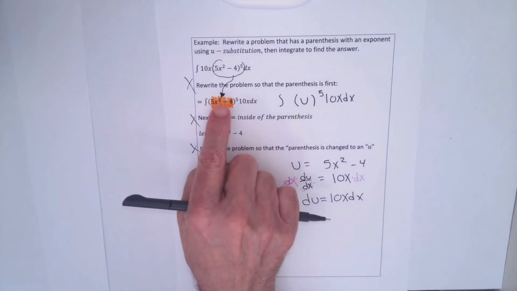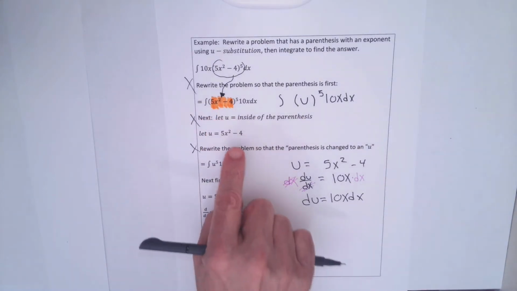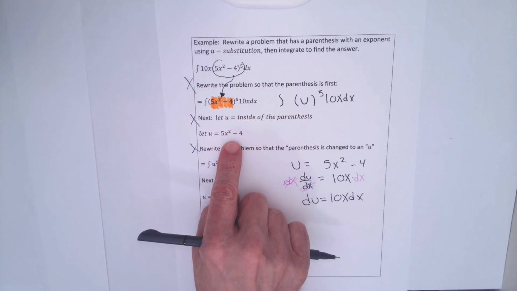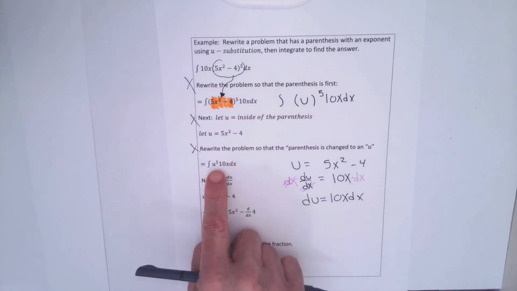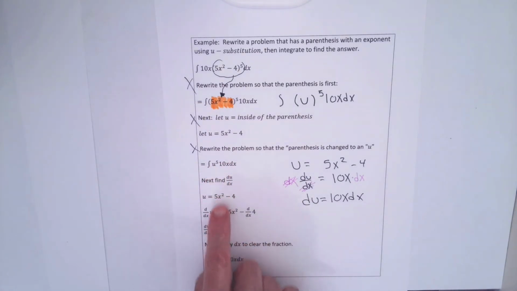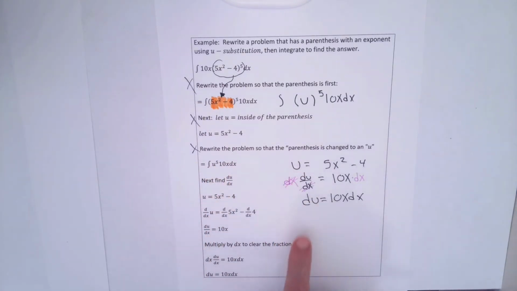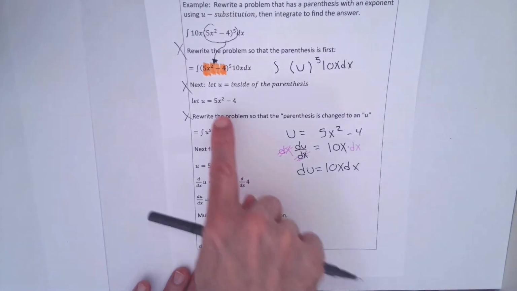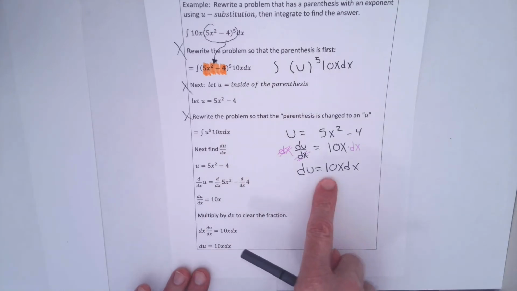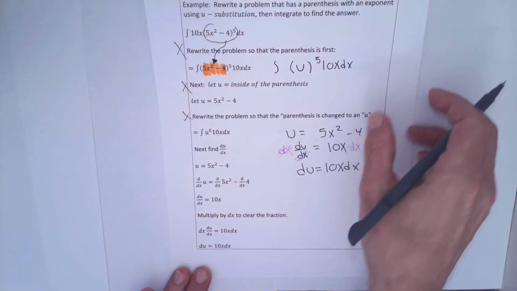So let me see what I've done so far. I rewrote the problem with the parentheses first, let u be the inside of the parentheses, rewrote the problem so that the parentheses was gone and changed to a u. Now I found the derivative of u and did a bunch of algebra, all the algebra that's on this sheet, a little bit quicker. I have du is 10x dx. This is a good place to be right now.